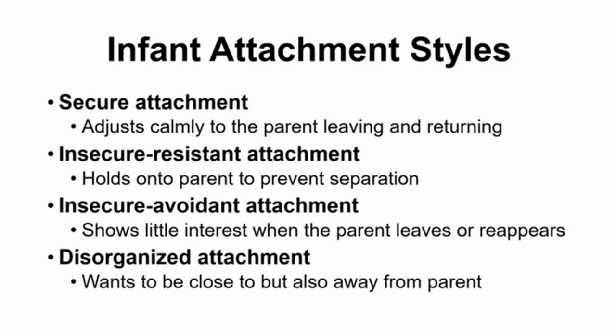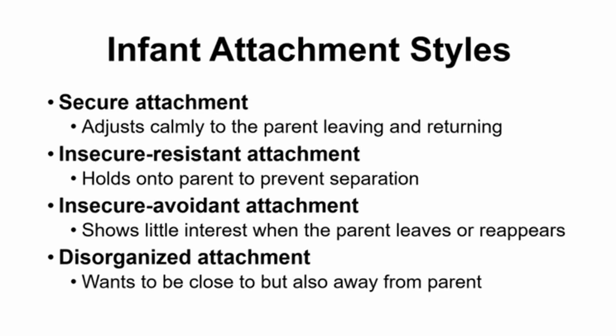When their parent returns, they're going to be happy that they're back, but they're not going to be clingy or over the top in getting to reunite with their parent. So this is their healthy approach. They're fine when they leave, they're fine when they come back, they're still happy to see their parent, but it's not as extreme as some of the other categories' reactions.